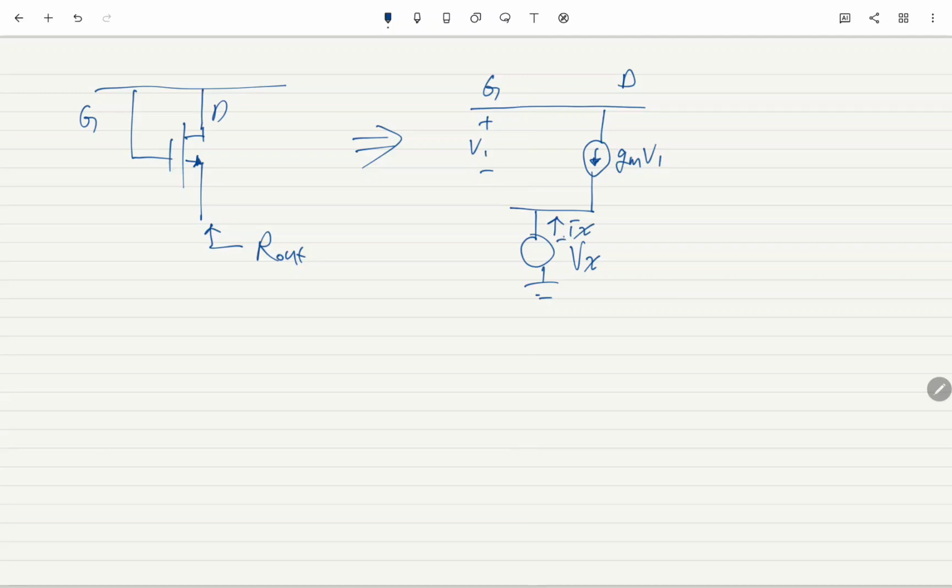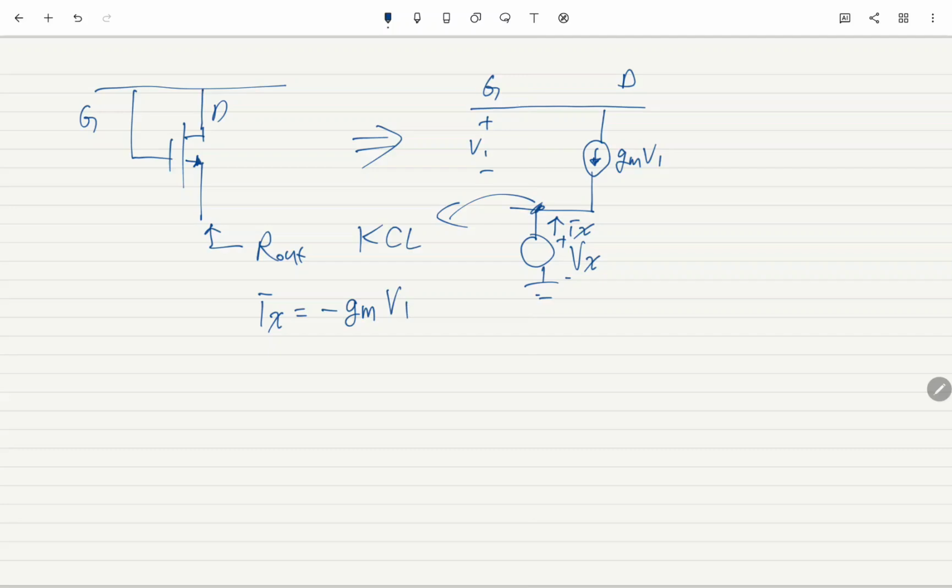So what is Ix by KCL here? Ix is equal to negative gm V1.